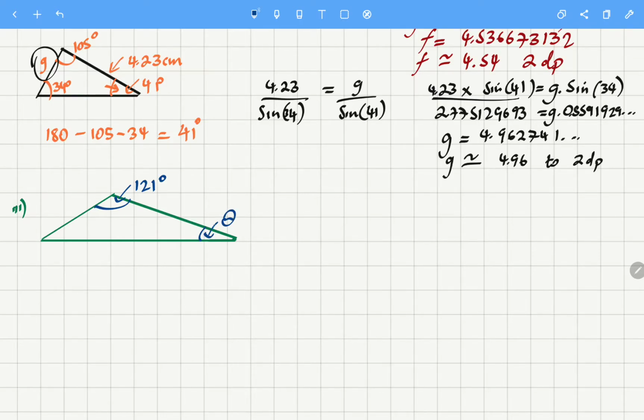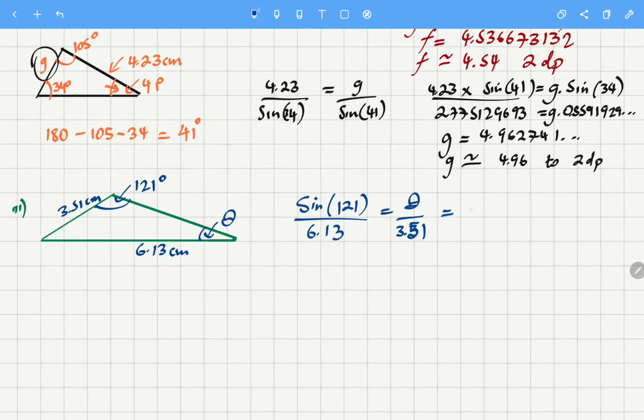That's 3.51 centimeters, and that's 6.13 centimeters. Using the sine rule again, sine 121 over 6.13 equals theta divided by 3.51.